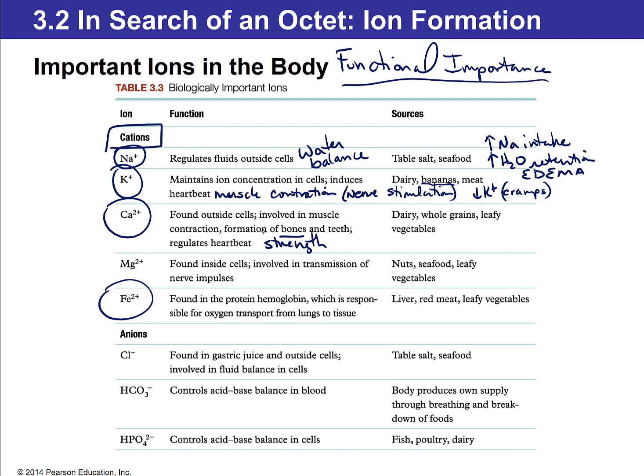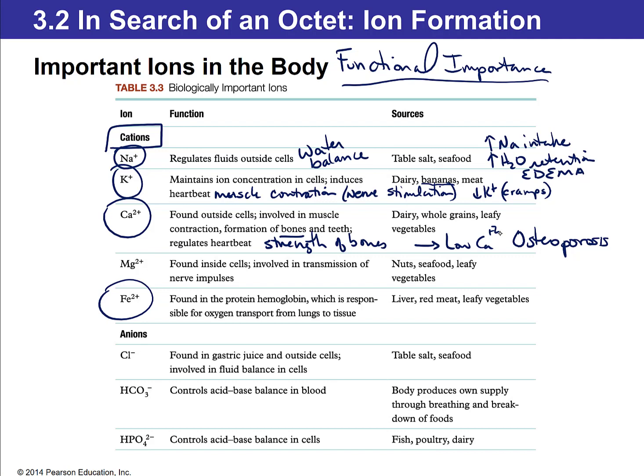Okay, so you can see with these ions, not having regulated levels of these ions can end up leading to imbalances. So the strength of bones and teeth, without it, low calcium, osteoporosis is a risk.